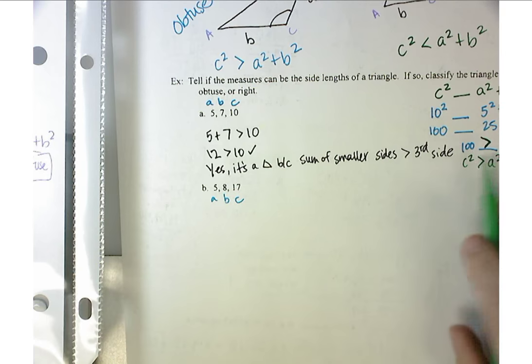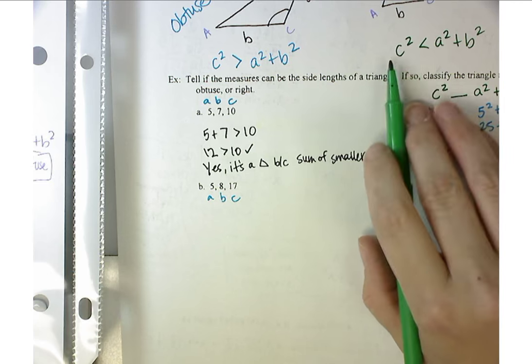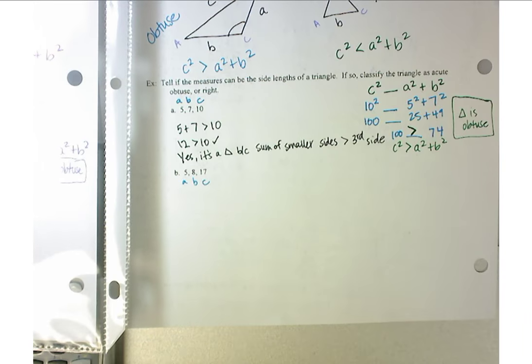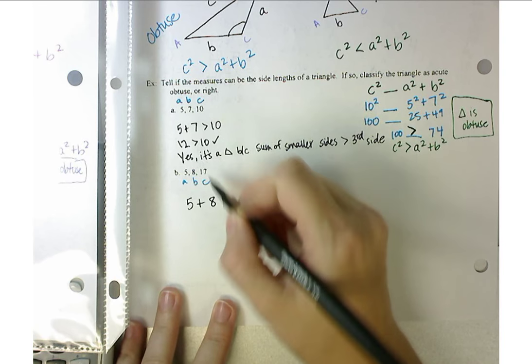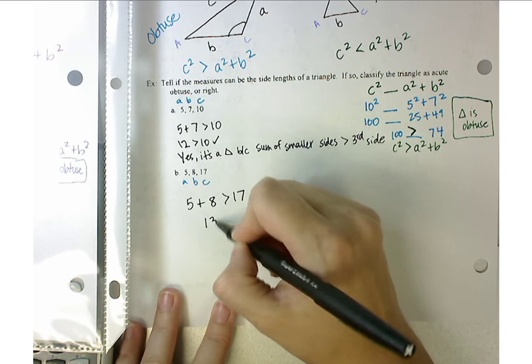Okay, if they were equal, it would be right. And if it was acute, it would be C squared is less than A squared plus B squared. Now again, the first thing that you want to do is make sure it's a triangle. So I'm going to take the two smaller sides, 8 and 5. I have to make sure that's greater than 17. Well, 8 plus 5 is 13.